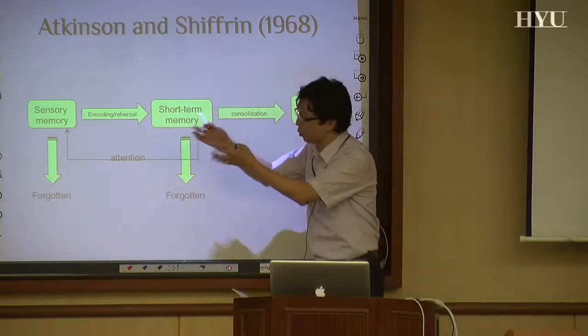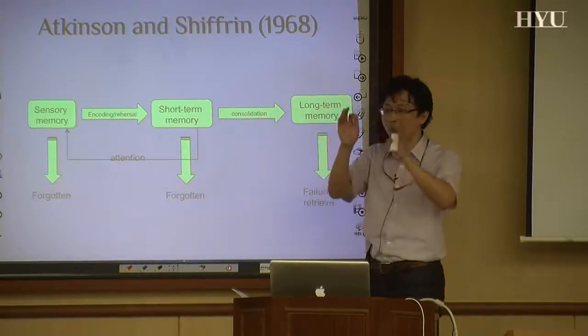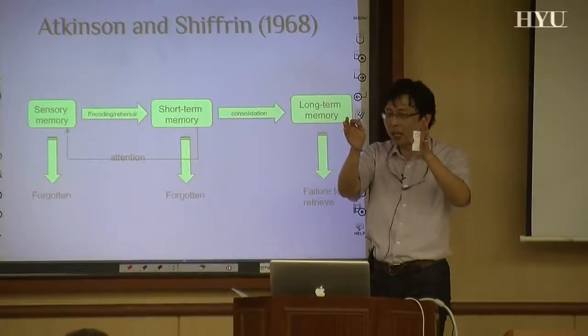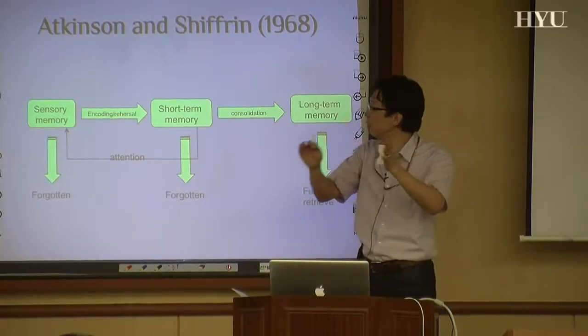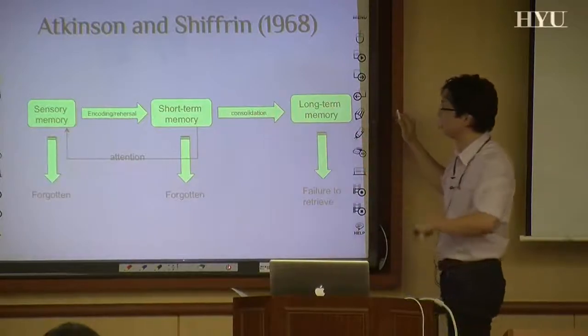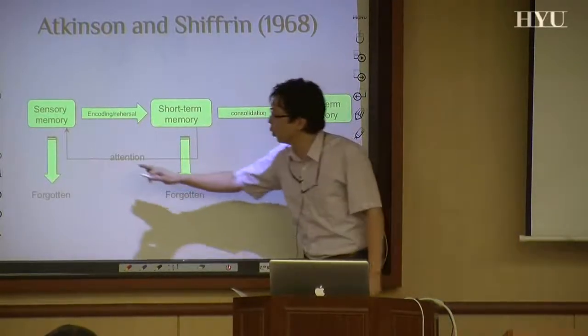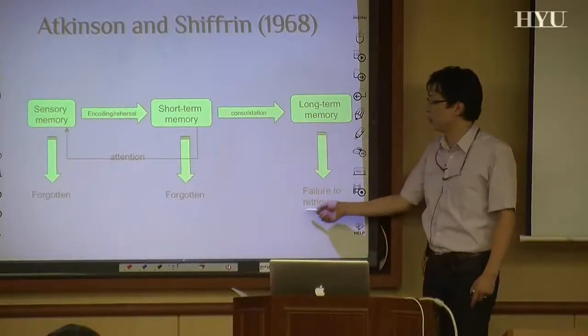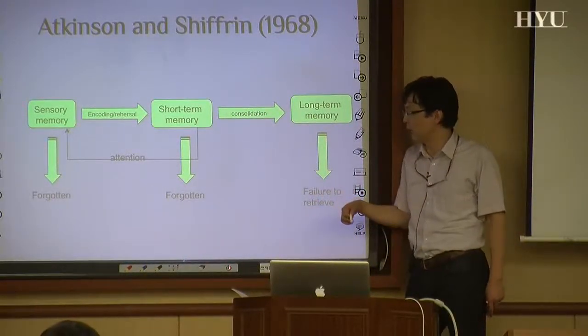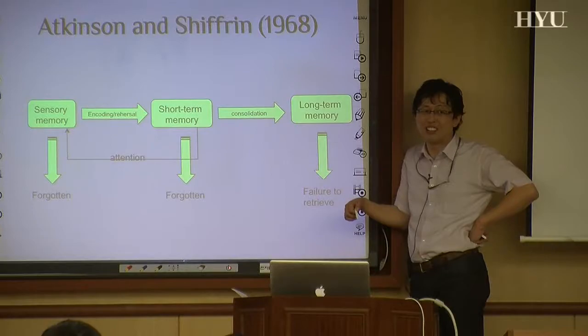Sensory memory, we receive it, and then it's stored in short-term memory. And then you have to process this information to move from short-term memory into long-term memory. If there is no certain process, much of it is forgotten. But the interesting part is failure of retrieval. It's not forgotten.